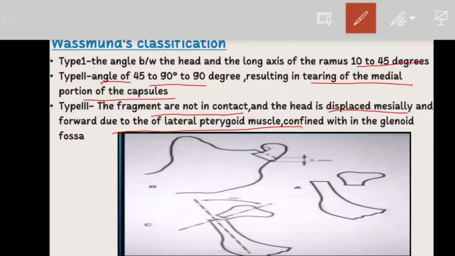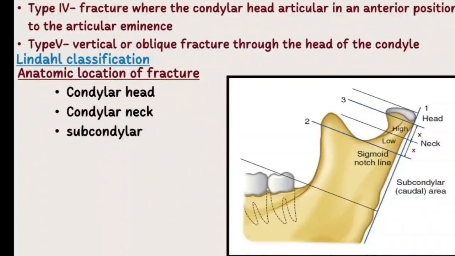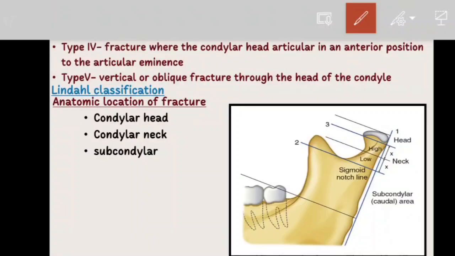So in this diagram you can see the forward displacement of the condylar head. Now type 4, the fracture where the condylar head articulates in the anterior position to the articular eminence, and type 5, that is a vertical or oblique fracture to the head of the condyle.